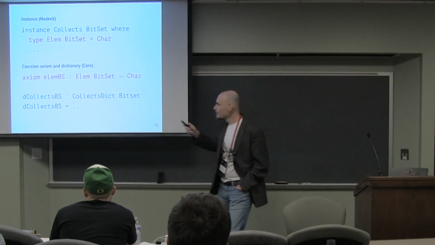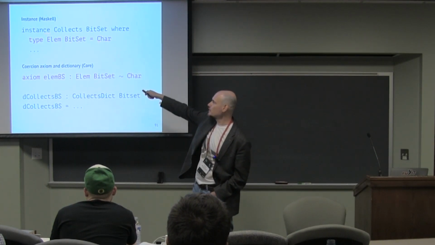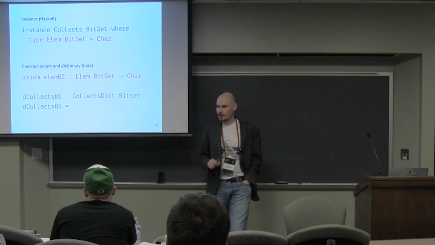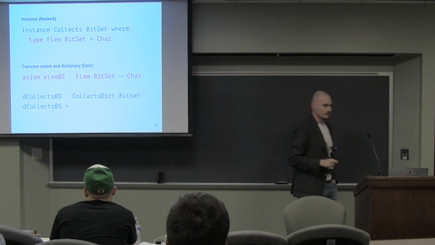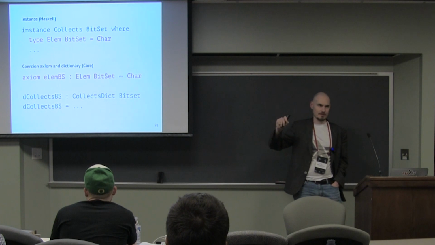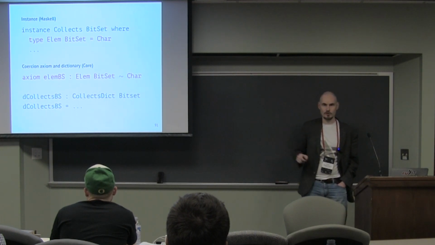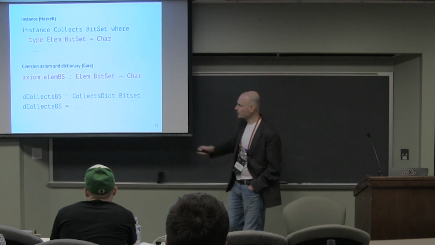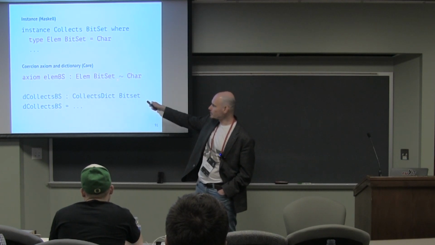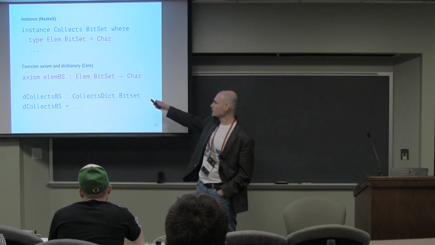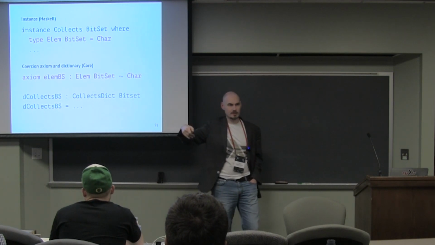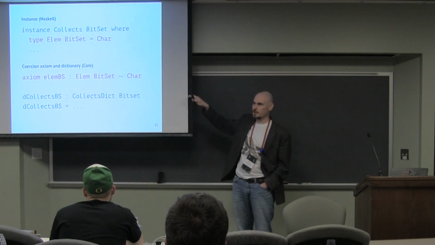And then for every such instance, we just add a so-called coercion axiom. If we have this particular instance available in our code, then every such instance creates such an axiom. So it says that this function LM for bit sets is actually coercible to char. If you have another instance with another definition, then you will have another axiom.